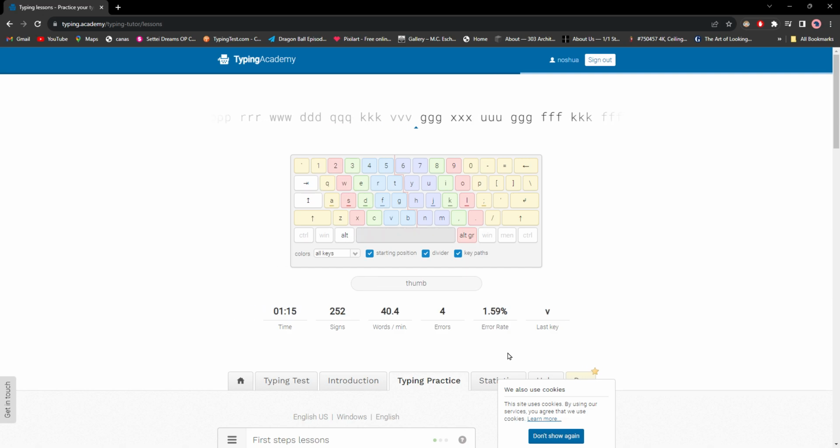Number 1. A car travels 200 miles east in 4 hours and then 300 miles west in 5 hours. What is the average speed of the car for the entire trip? Average speed is equal to the total distance divided by the total time. So what's the total distance in this problem? The car traveled 200 miles east, and then it went 300 miles west.